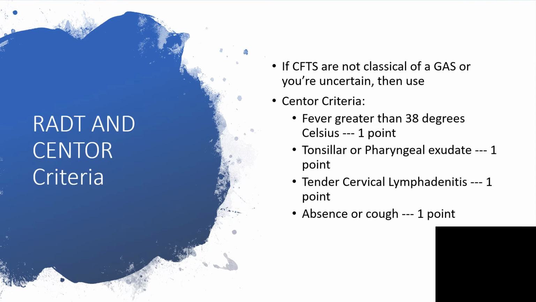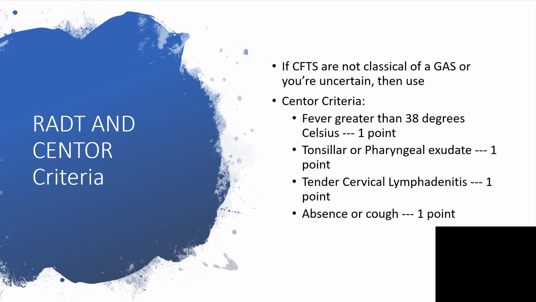If clinical features are not classical of group A streptococcus, or you are not certain, then you can use what we call Centor criteria to determine whether RADT should be done or not. And how do we go about that? Okay, you take the temperature.